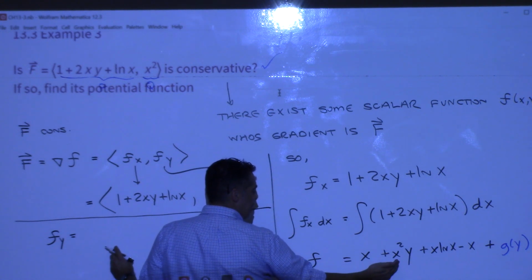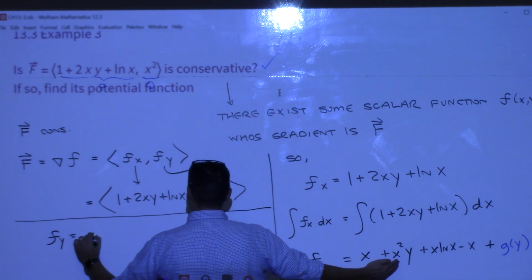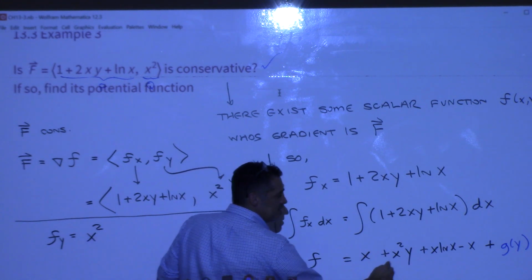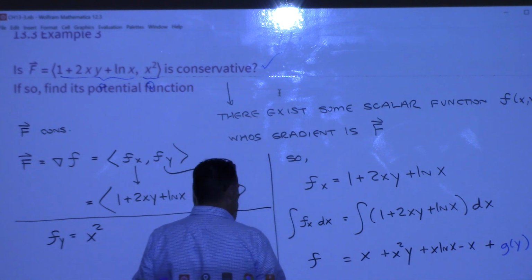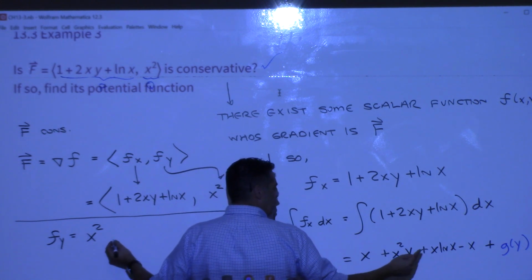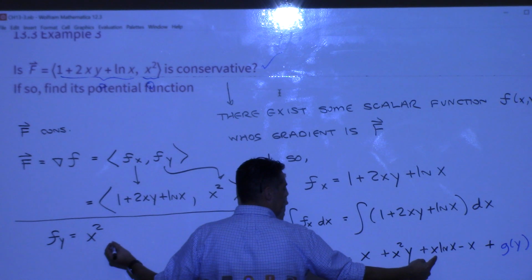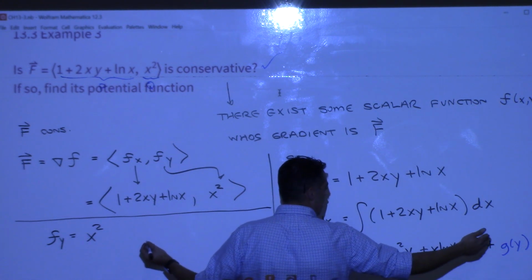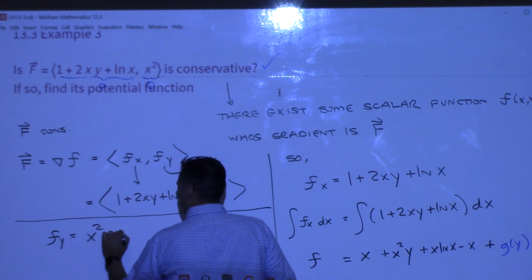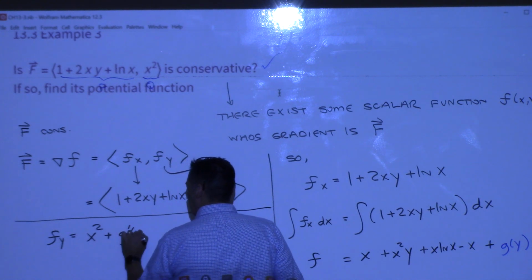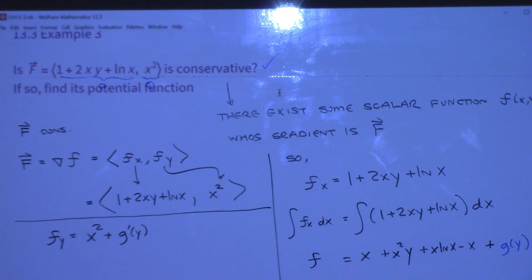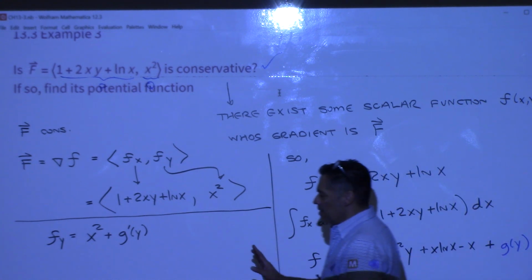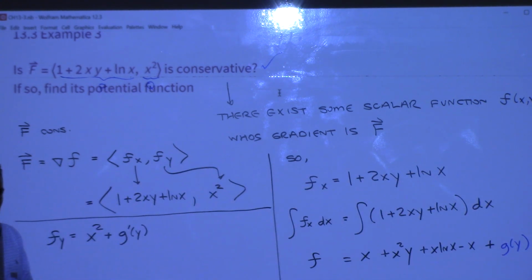0, x squared. By the way, these x's could have canceled. You'll see the x's could have canceled? It's all right, they're going to go away anyway. Okay, so that, and then what's the derivative of this with respect to y? 0, 0, and then plus g prime of y. It's the derivative of g. Now this notation is actually not that good, because does this tell me what I'm differentiating with respect to?